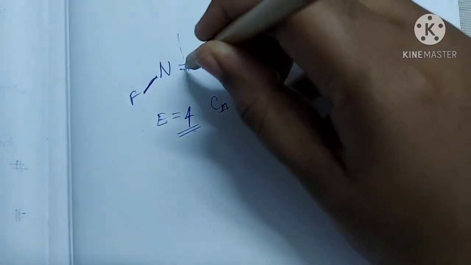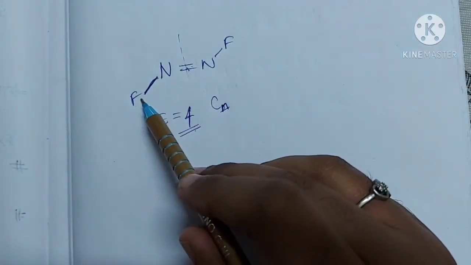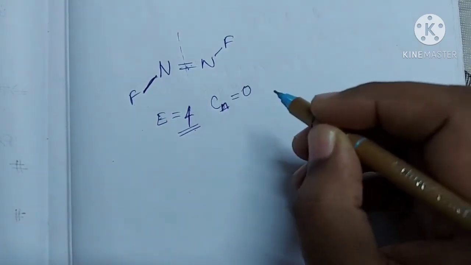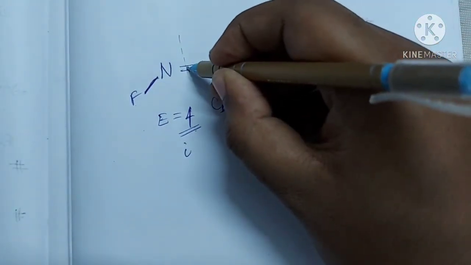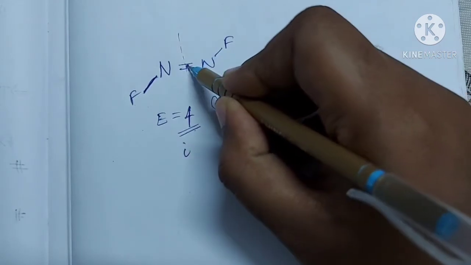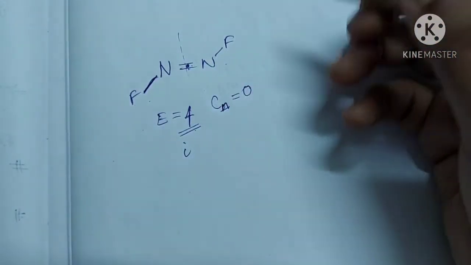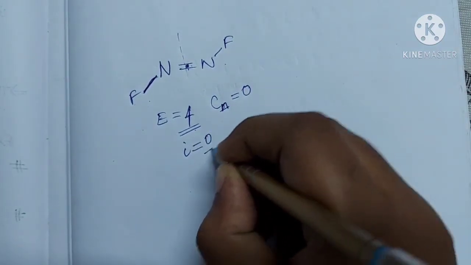While we are rotating along this axis, all the 4 atoms will be shifted, so there is no unshifted atom, so 0. In the case of inversion, this is the inversion point. While we are inverting the molecule at this point, all the 4 atoms are shifted, so for i the number of unshifted atoms is also 0.